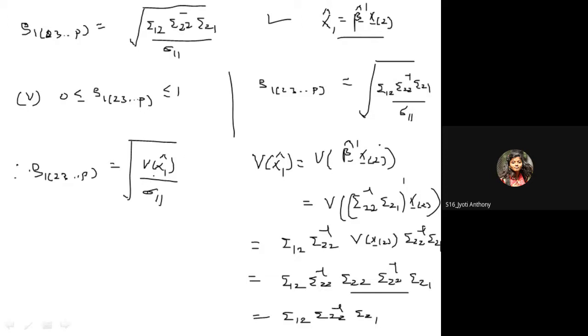This is variance of x1 cap, it is also positive, and because both are greater than 0, they cannot be negative. Therefore, rho lies between 0 to 1.